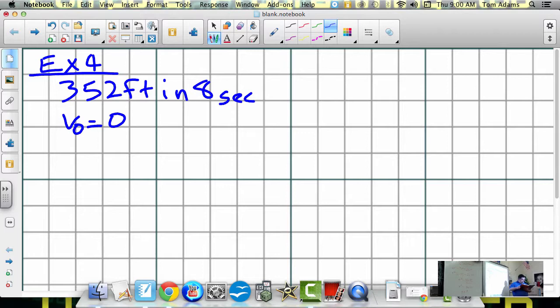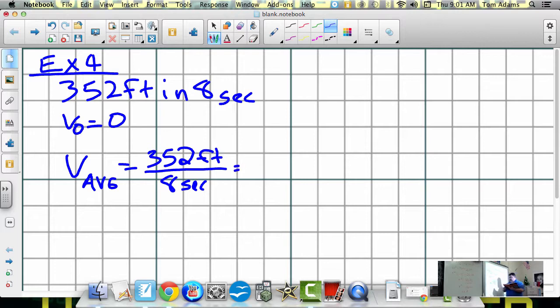And then it says, if the average velocity for the 8 seconds was, so they're assuming that the average velocity would just simply be the 352 feet per 8 seconds, which is equal to 44 feet per second, right? And that's approximately 30 miles per hour.